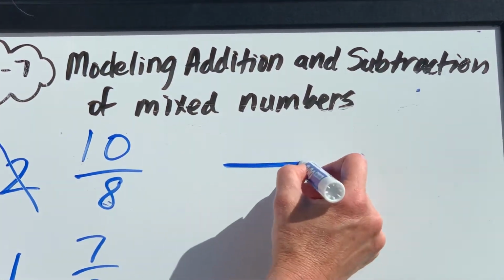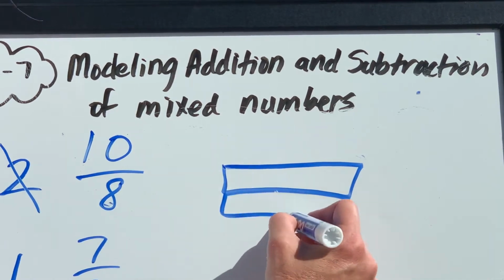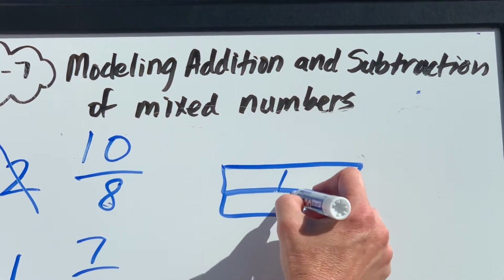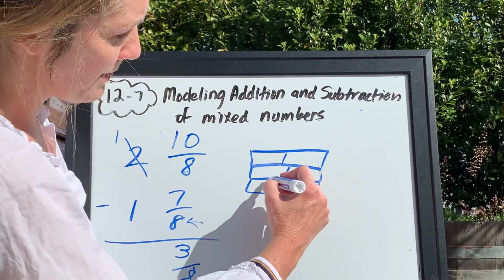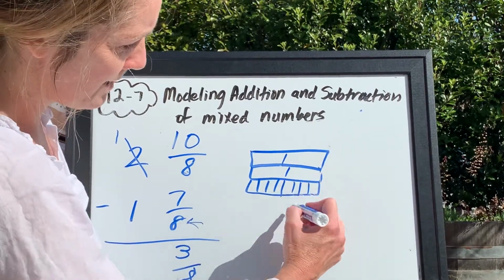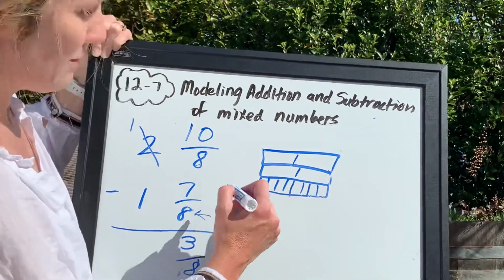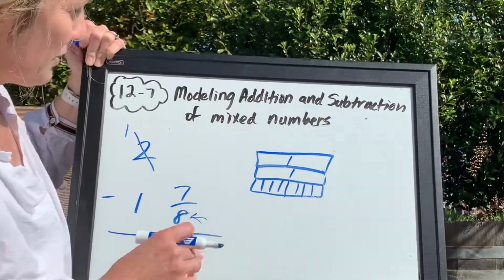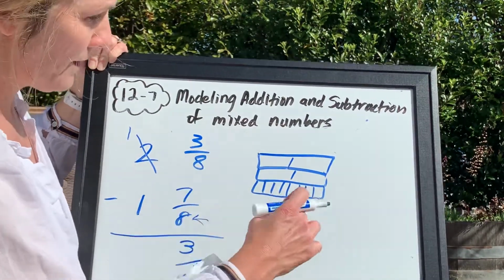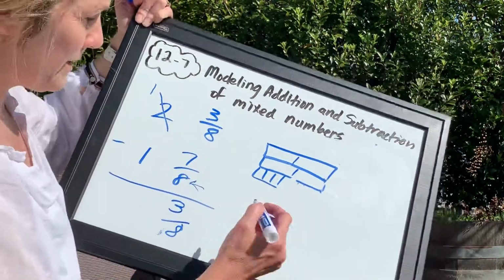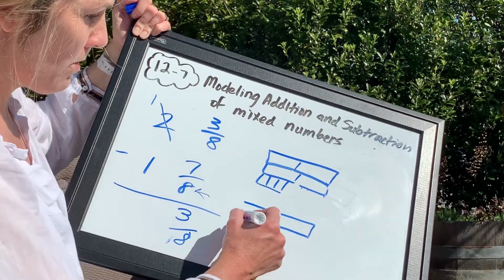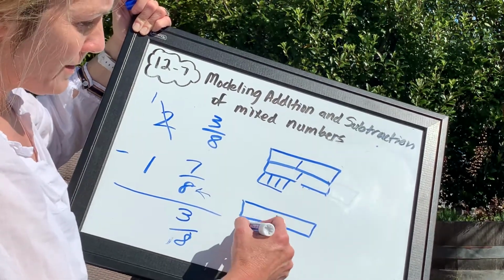If I started with my original problem, I apologize. So we have 1 whole, 1 whole, and then we had, of course, 10/8, and 3/8. That was 2 and 3/8. Okay, there we go, pardon me. 2 and 3/8, and then the bottom was 1 whole and 7/8.